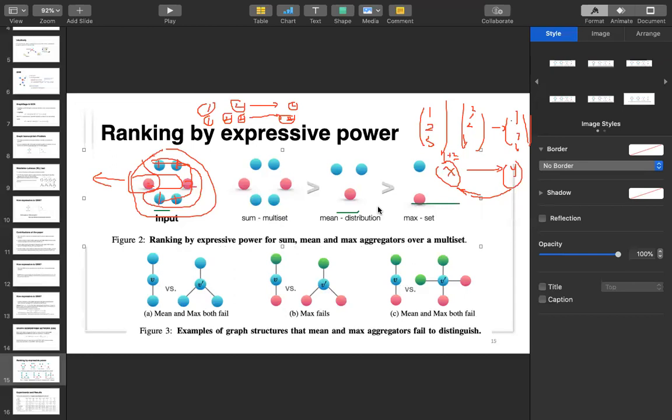But given y, assuming the sum is 3, we cannot uniquely identify an element in the space of X. How about the max? It also has information loss.